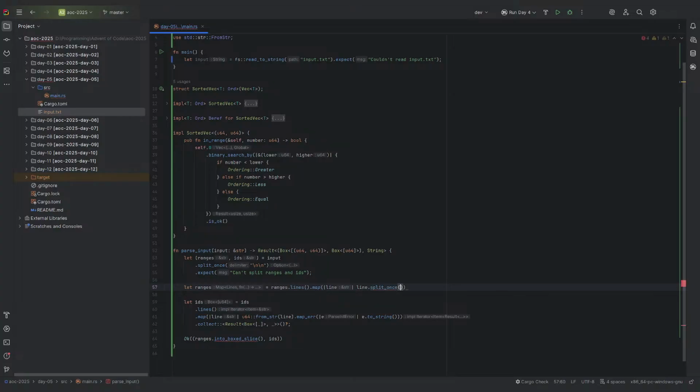Split once at dash. Actually, that shouldn't be like this. It should be... okay. Or not quite.